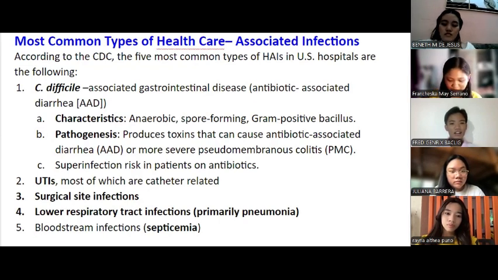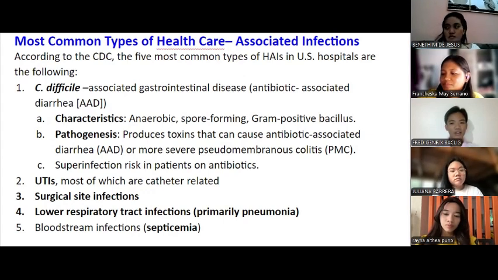So it is an anaerobic, spore-forming, and gram-positive bacillus, which makes them thrive in an environment where oxygen is insufficient, and they can be resistant to standard cleaning and disinfection techniques. So this bacterium produces toxins that can damage our intestines, leading to symptoms like antibiotic-associated diarrhea, and if not treated, it can progress to a serious inflammation of the colon.